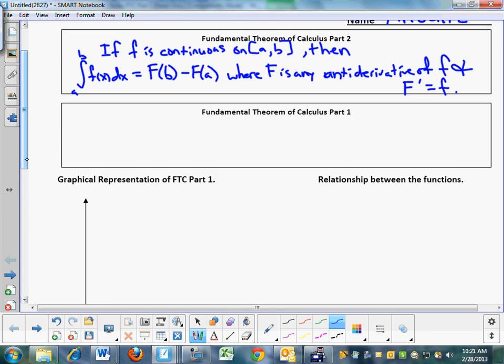Part 1 says this: if f is continuous on [a, b], so given a continuous function, then G is defined by the following.